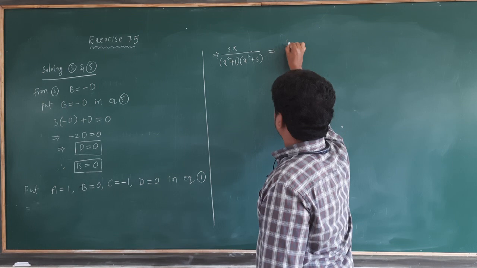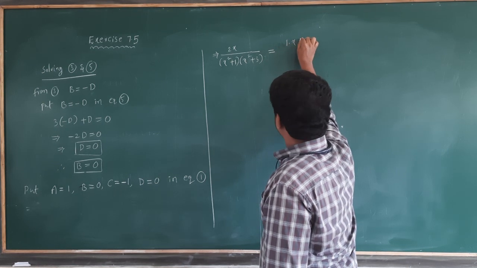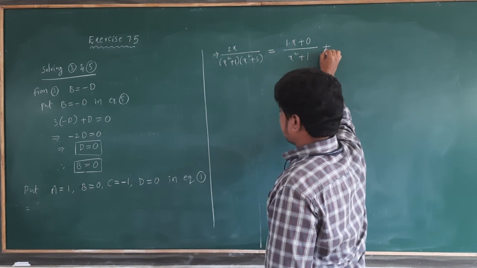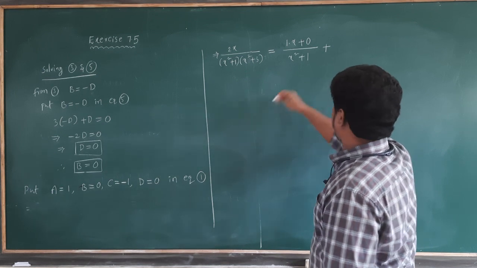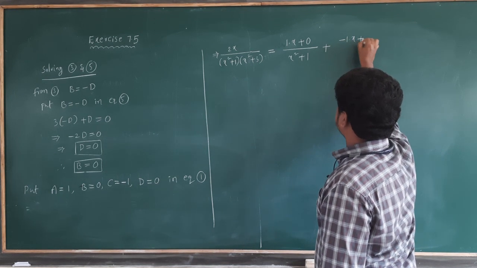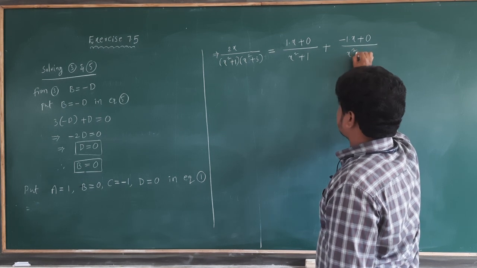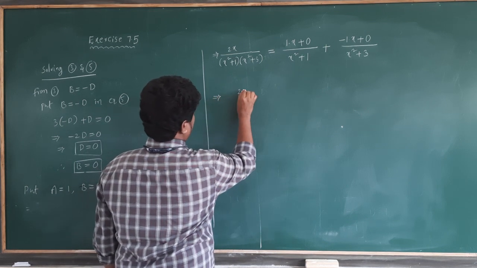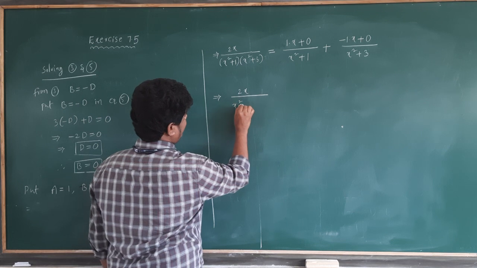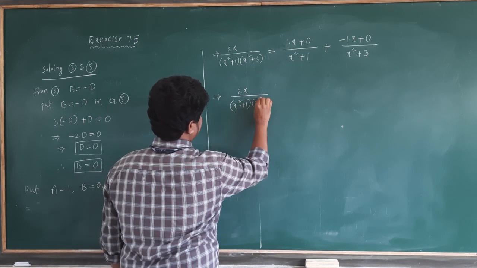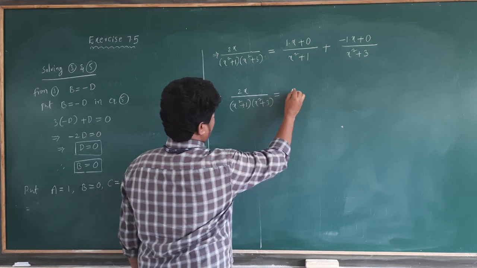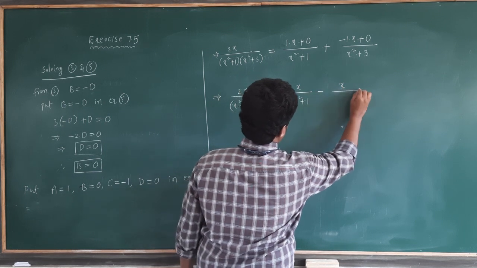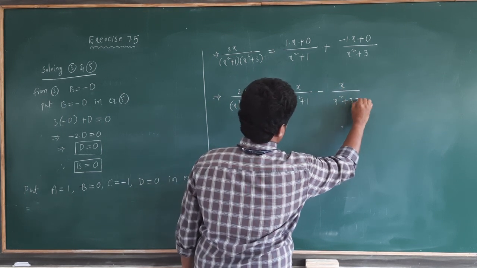A means 1 into x plus b 0 divided by x square plus 1, plus cx plus d means minus 1 into x plus 0 divided by x square plus 3. Now this one will be like this: 2x divided by x square plus 1 into x square plus 3 is equal to x divided by x square plus 1 minus x divided by x square plus 3.